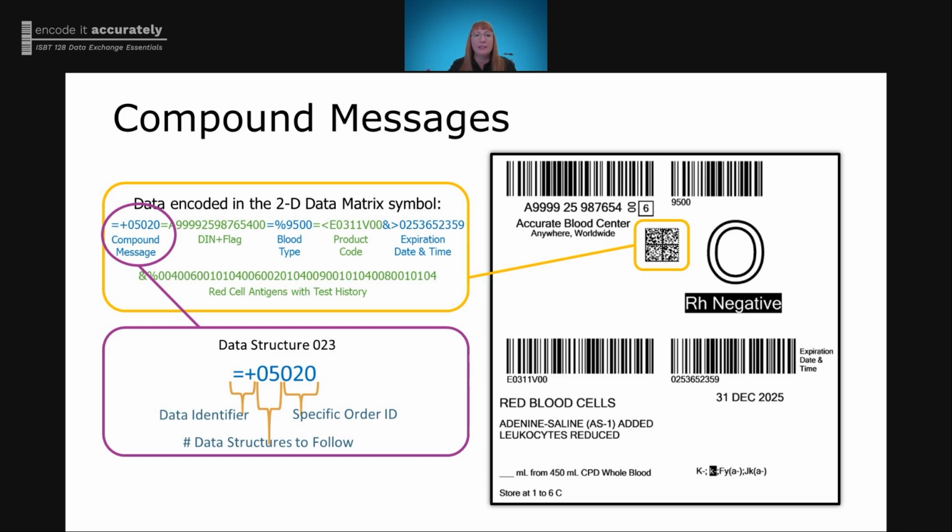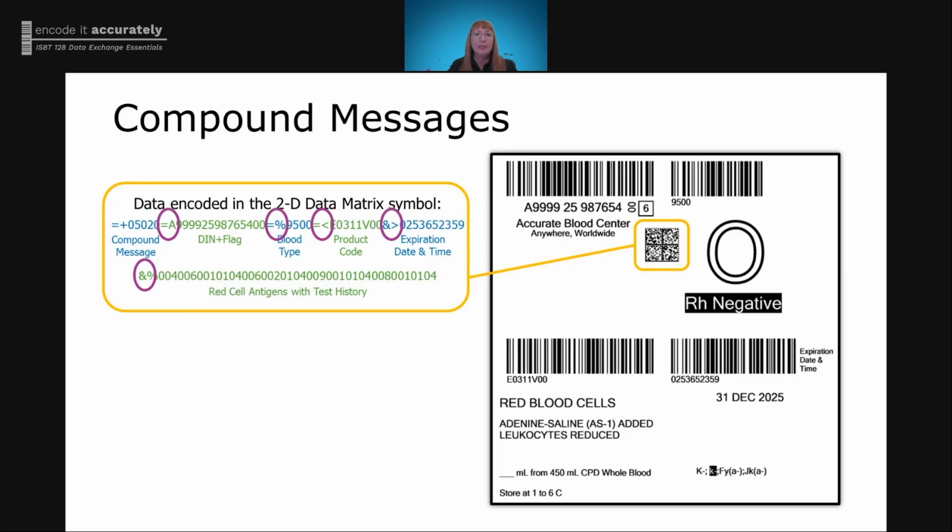And that is dictated by a reference table that can be found on the ICCBA website. You'll notice too that each data structure begins with its own data identifier. That is so that if the order was not defined by that 020 code, the IT system could actually interpret all of that data because the data identifiers identify which data is being scanned.